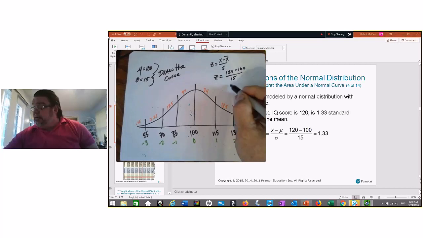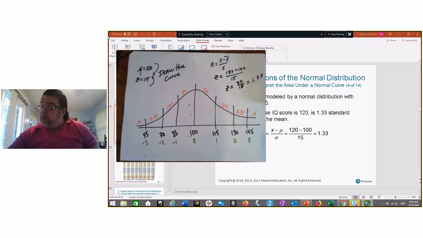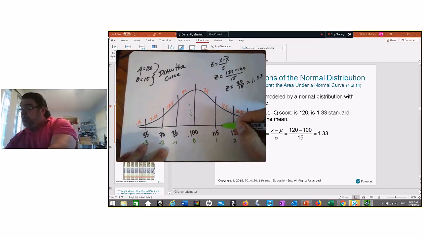So z is equal to 20 over 15, and I think they said that's 1.33. So 1.33, I'm going to put it in green. 1.33 is going to be somewhere in here. Everybody agree with that?